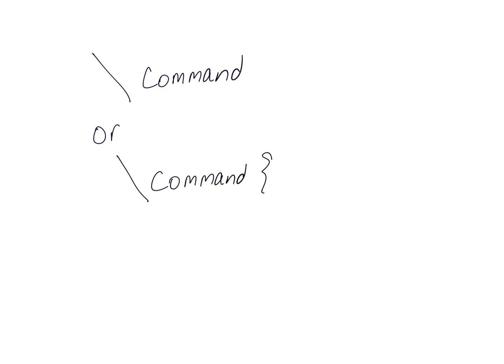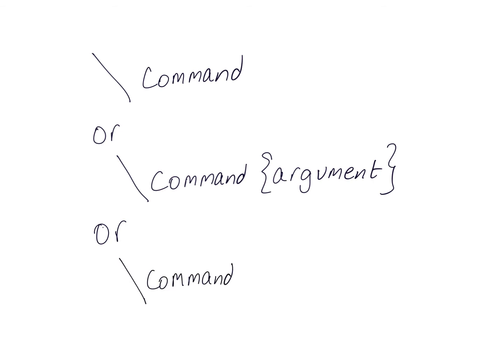Any command may have a backslash and just a command, like make title from one of the cases in the previous one, or there's a command and an argument, or there's a command and an optional argument, and then the arguments.